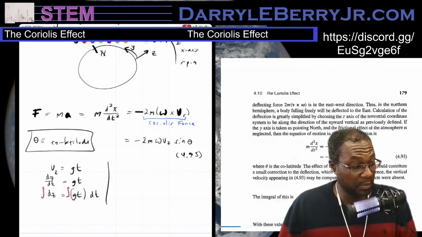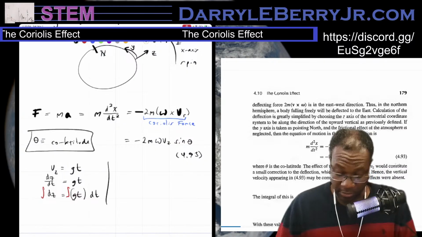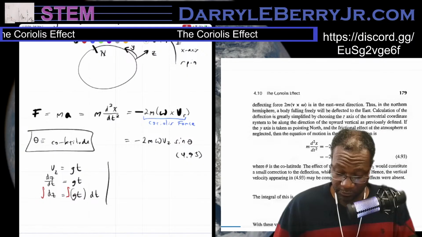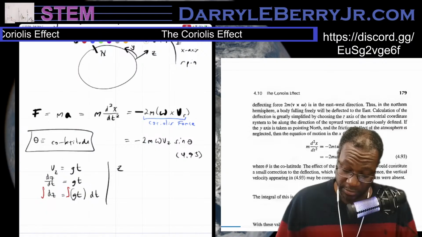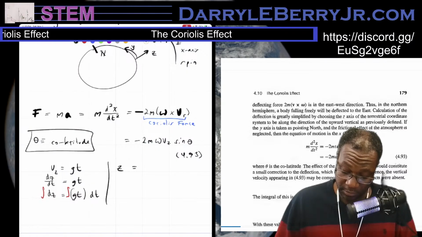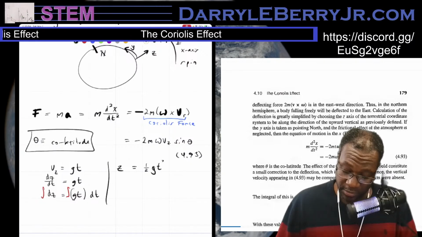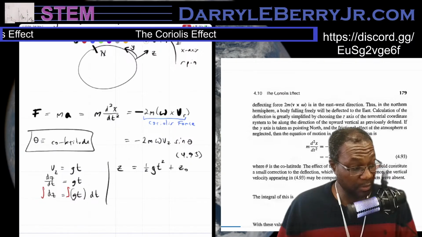So integrating for t, z equals 1/2 g t squared plus z naught.